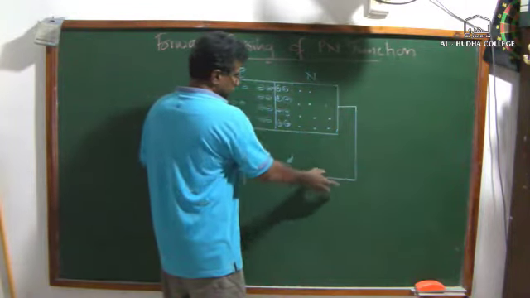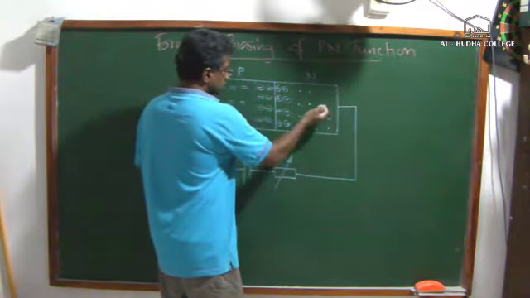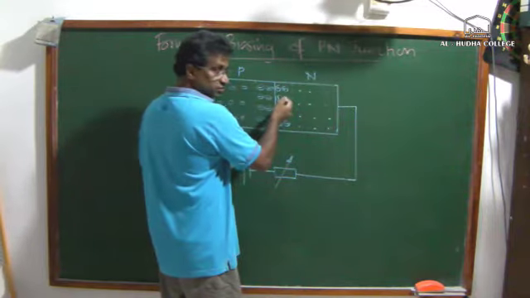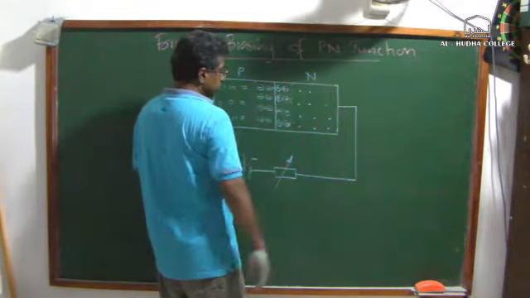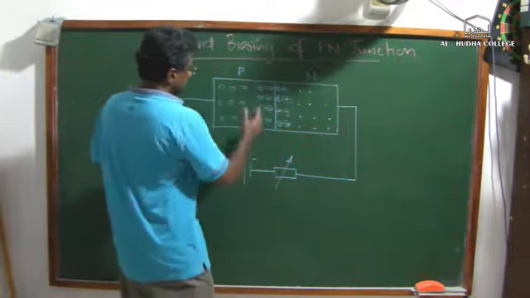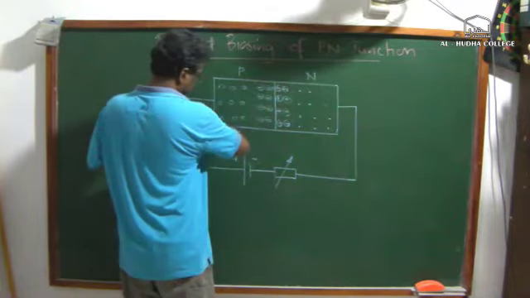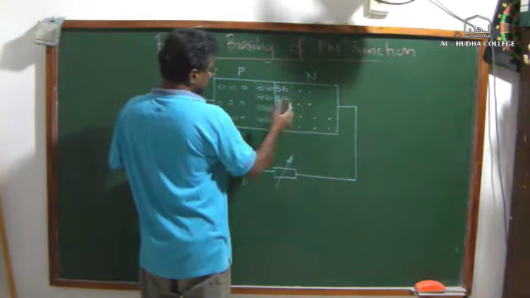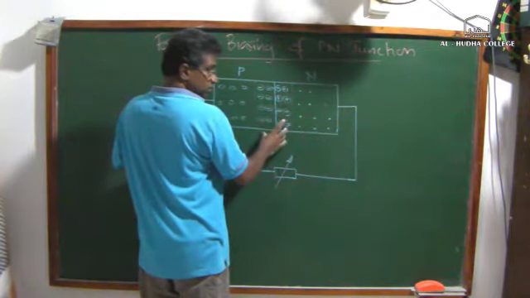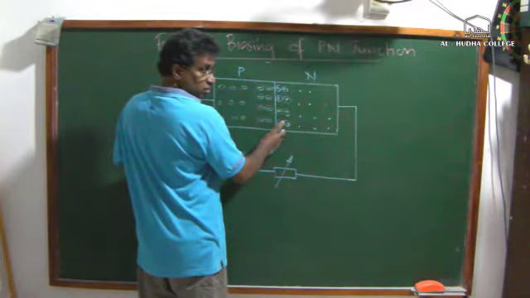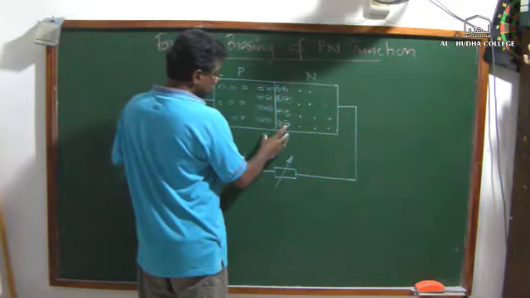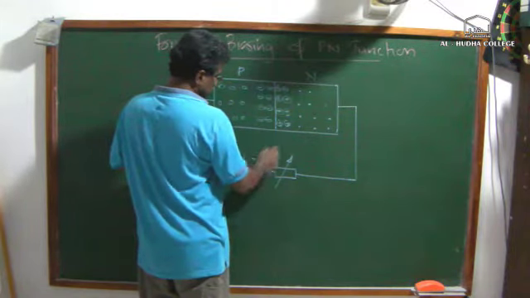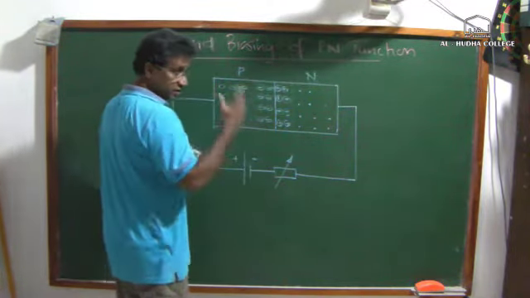So when the electron concentration increases here, they will come and fill these gaps, right? So eventually, electrons here are attracted by positive polarity, and negative polarity supplies electrons here. The depletion region will now narrow down. So beyond a certain voltage, that means the barrier potential will be created.